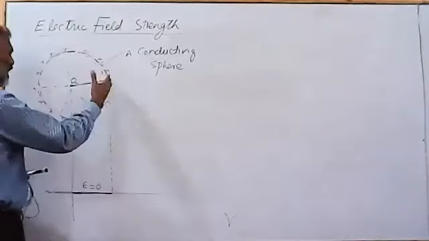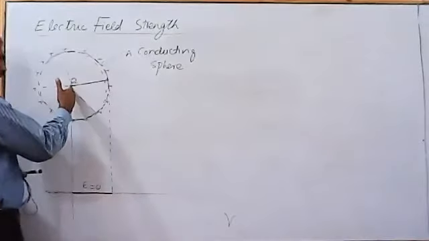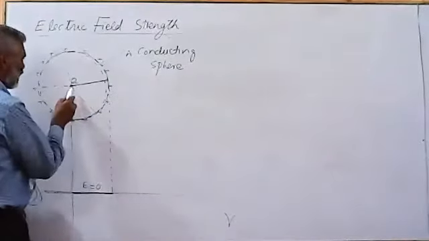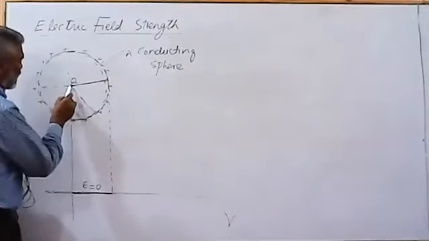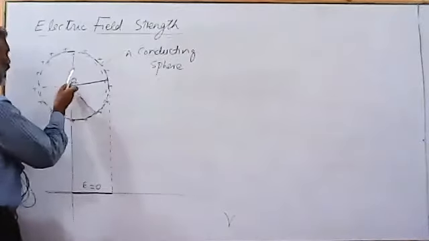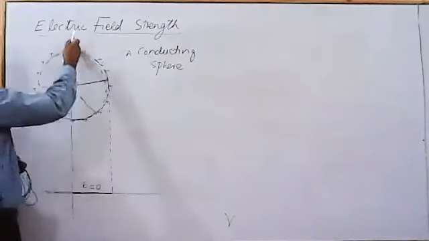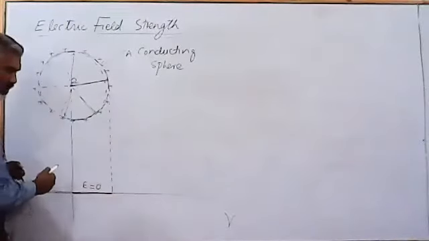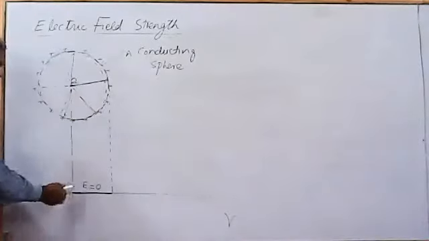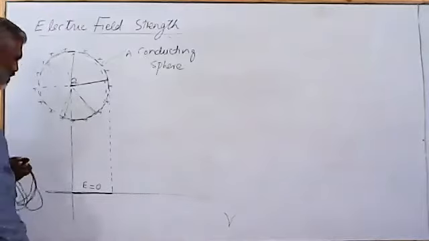This charge behaves as if it is concentrated here. So if I assume all this charge at the center, the electric field has its direction on all sides. So for each component of electric field on this side, there is an equal and opposite one on this side. So electric field strength overall is zero inside the conducting sphere.